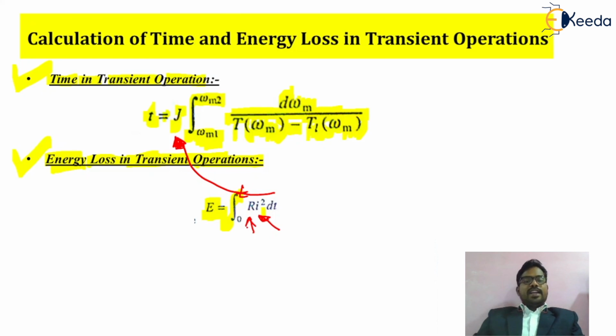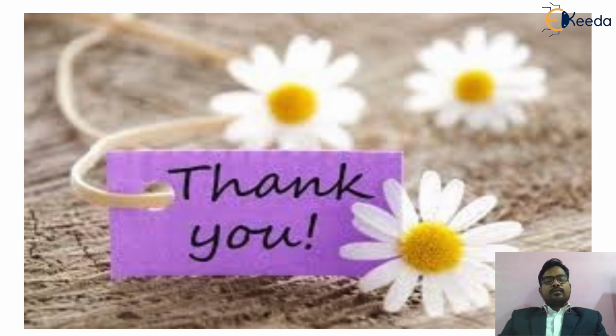So simply we can get the value of the energy loss in the transient state operation. In this way, we have derived the different formulas for the calculation of time and energy loss in transient state operation. Thank you.